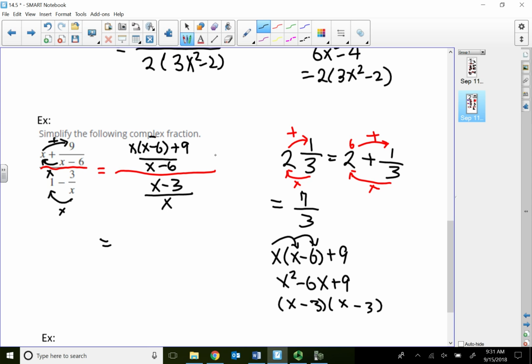So this whole numerator for the rational expression on the top is going to be x minus 3 times x minus 3, still over x minus 6. So I'm going to put my x minus 6 in the parentheses. Since nothing can be factored other than 1, let's go ahead and put it in the parentheses.